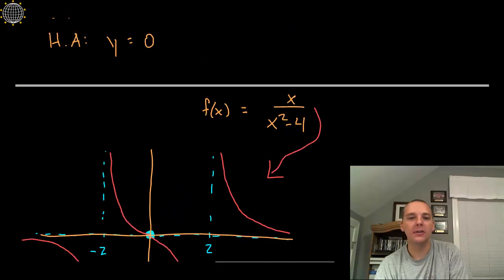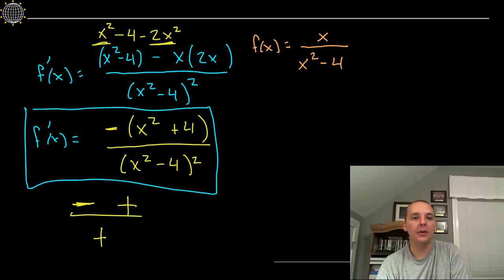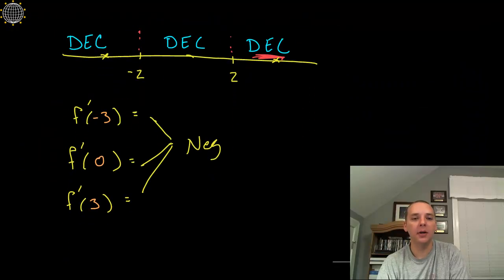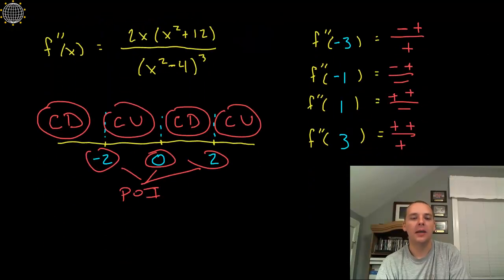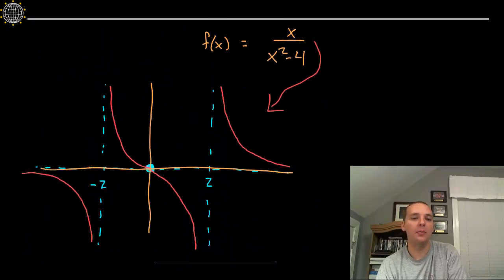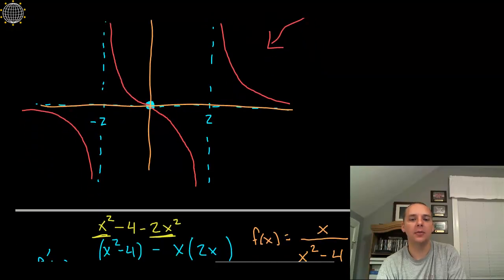So in summary, you can see how algebra combined with increasing and decreasing intervals and extrema, which this function didn't necessarily have any relative extrema, and concavity and points of inflection can all be combined to give a pretty good graph of the function.